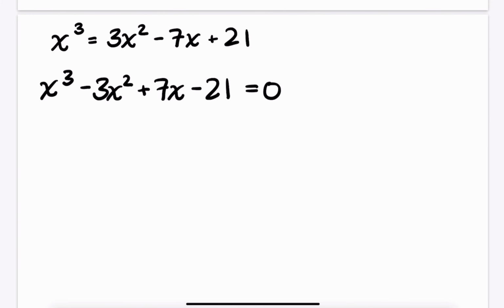And now we're able to apply the rational roots theorem. The rational roots theorem states that there are two numbers, p and q, and that when you divide p by q, you're going to get a number, and the factors of that number are possible roots of this polynomial. In this case, our p is negative 21, and our q, when there's no coefficient in front of x cubed, is automatically 1.